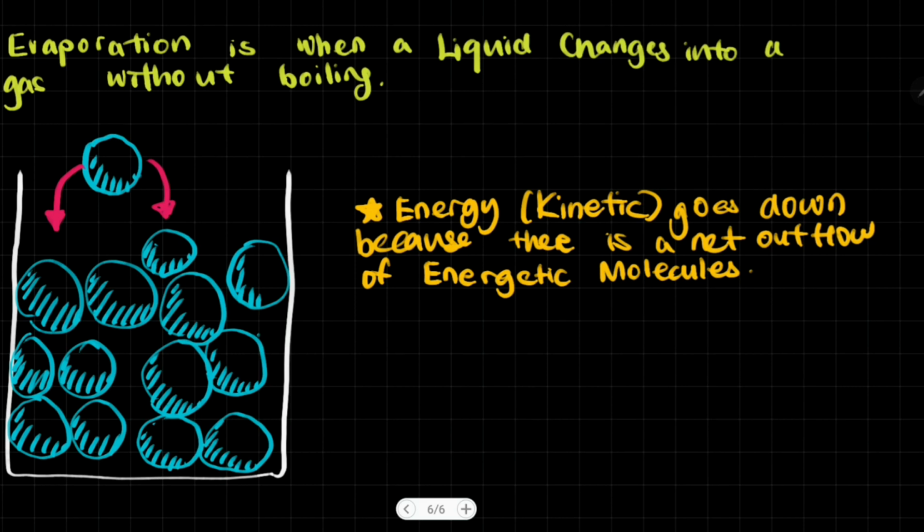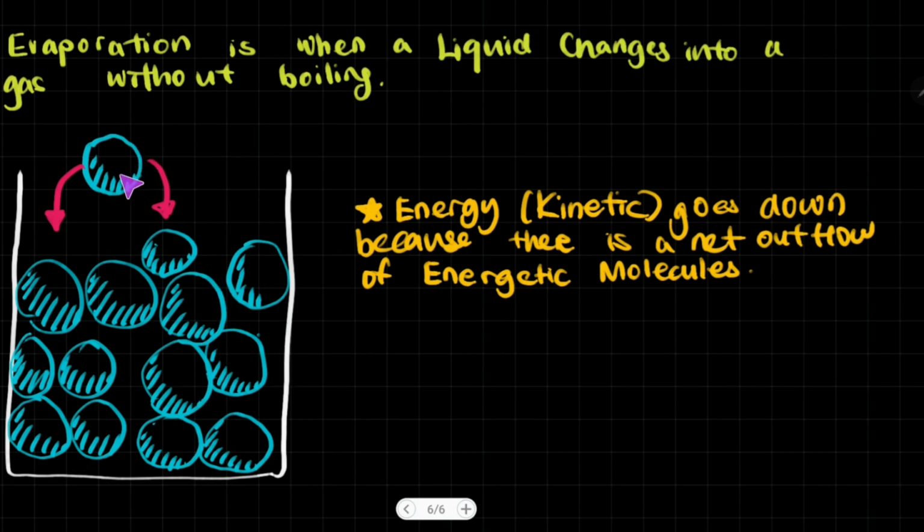Lastly, I just want to say how we can also interpret this for evaporation. So evaporation is when a liquid changes into a gas without boiling. And what happens here is that the kinetic energy goes down when something evaporates. This is liquid inside a jar. Why is that so?